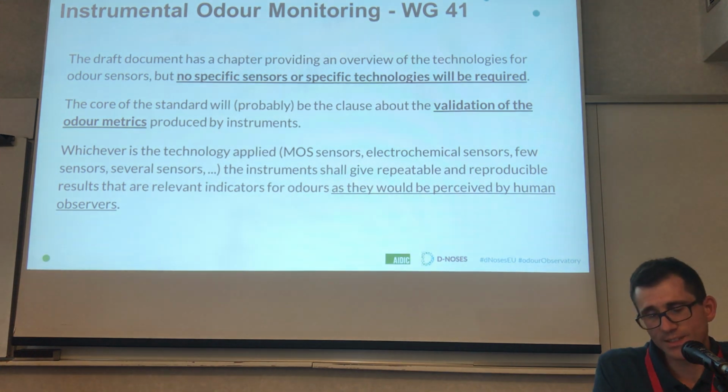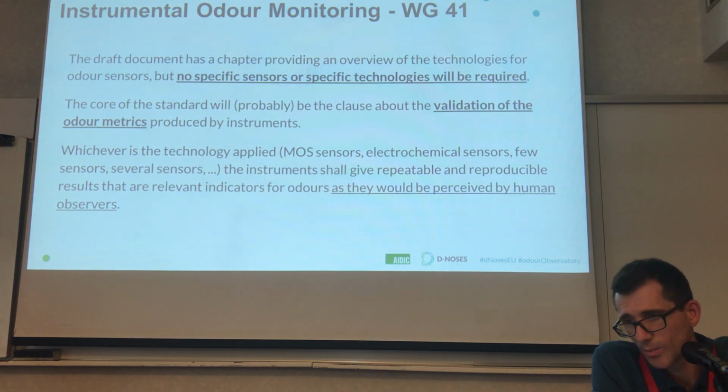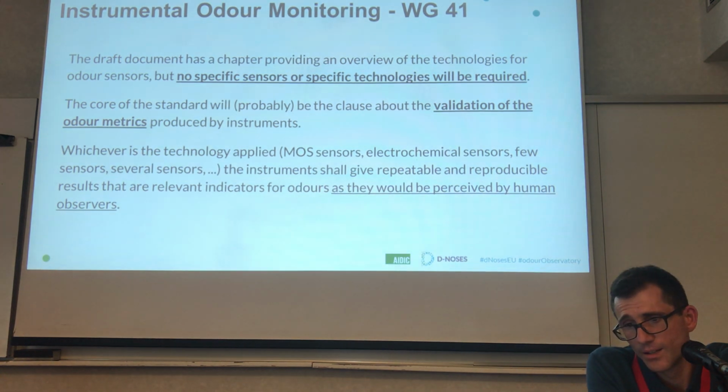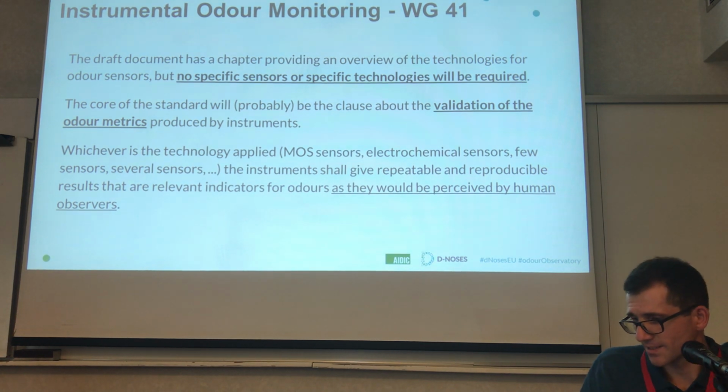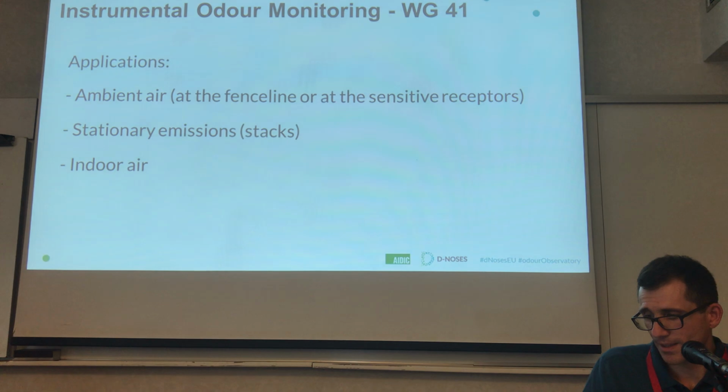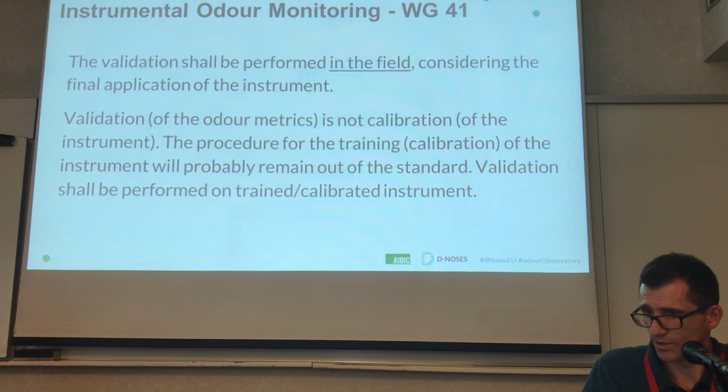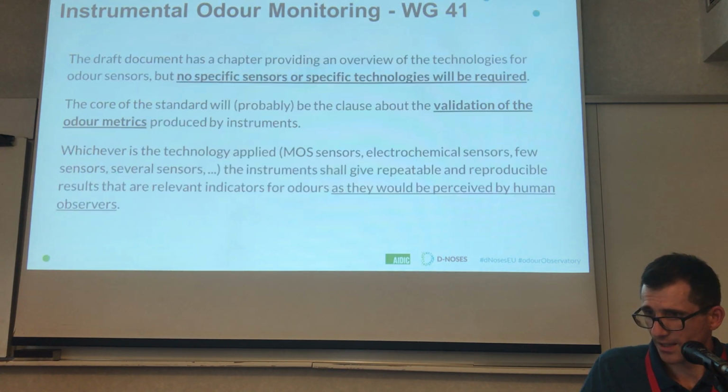The core of the standard will probably be the clause about the validation of the odor metrics produced by instruments. The validation of the odor metrics is not the calibration.